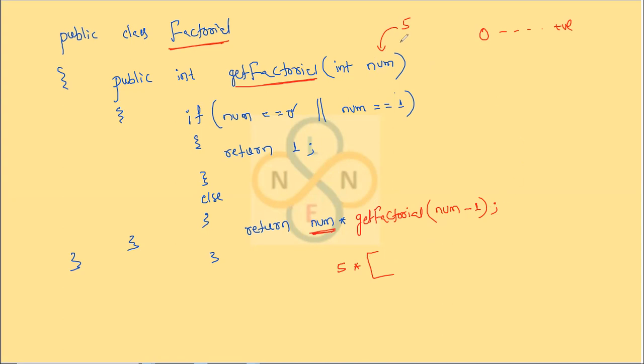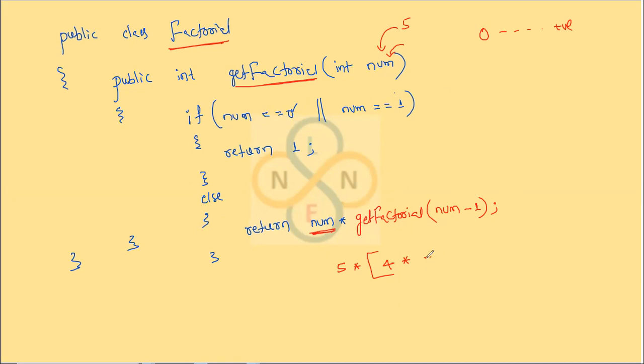Then again, the control checks this. The number is 4, and it's not 0, it's not 1. Again it comes to the else part and executes the same return statement. What is it supposed to return this time? Return num into, where num is now 4, star, again getFactorial of num minus 1, that is getFactorial of 3.